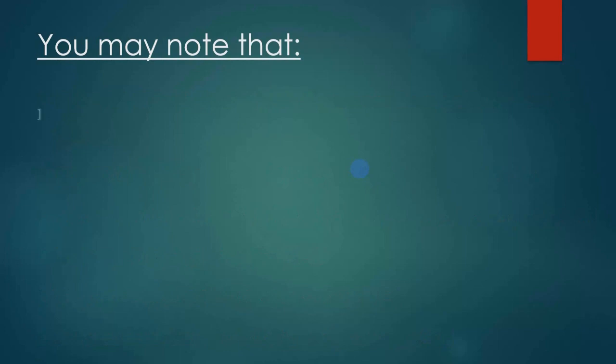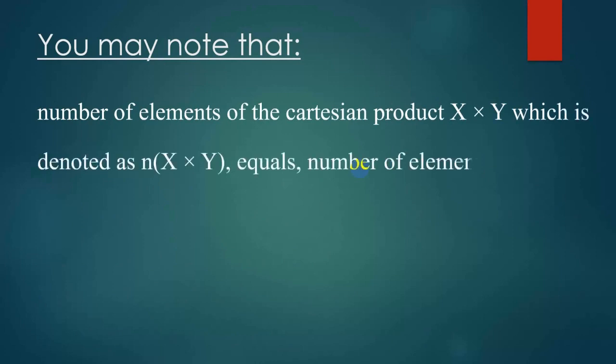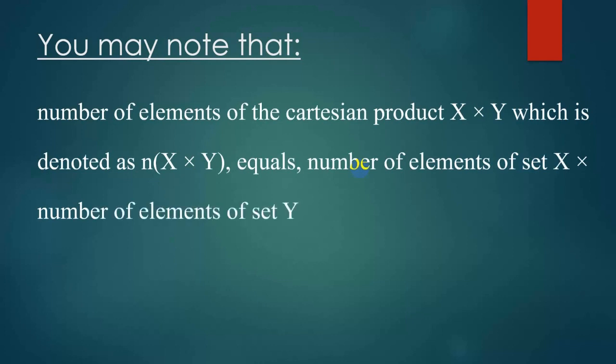You may note that the number of elements of the Cartesian product x cross y, which is denoted as n of x cross y, equals the number of elements of set x times the number of elements of set y. Okay? n of x cross y equals n of x times n of y.